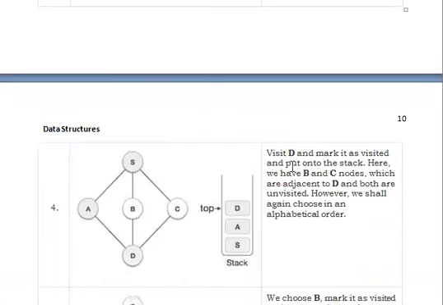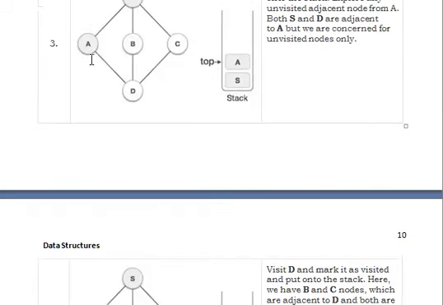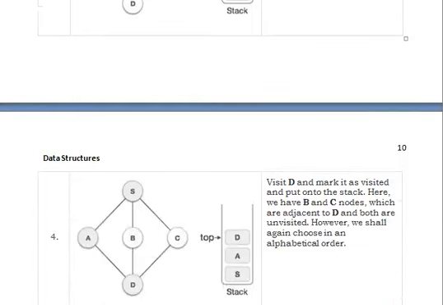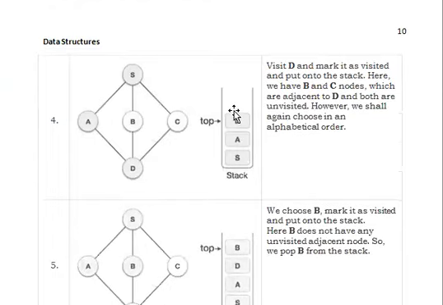Then D, so from A, the visited node is searched as deeply as D. So we visit D and put it into the stack, and the visiting node is now D. Then we check that both B and C are the adjacent nodes for D. So now we take alphabetical order, and we choose B.